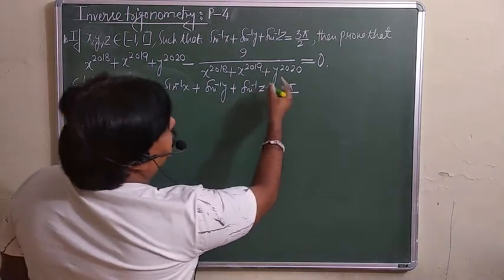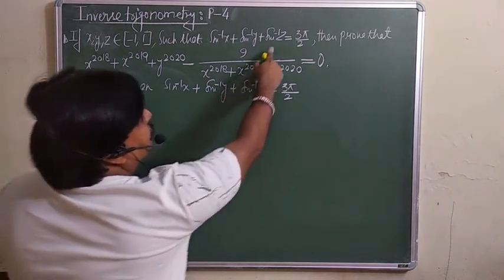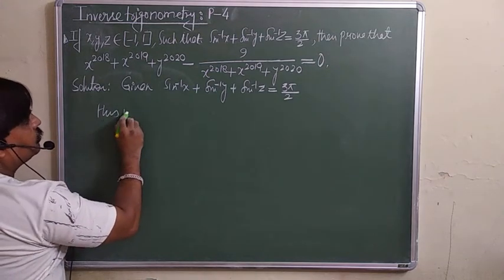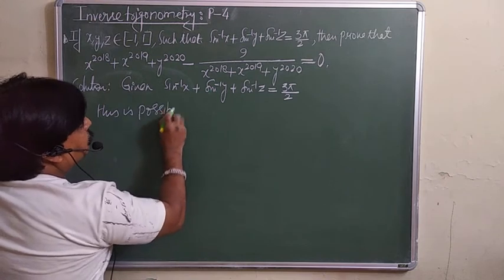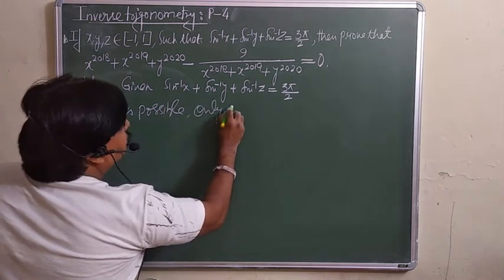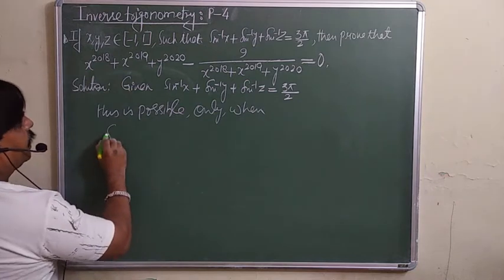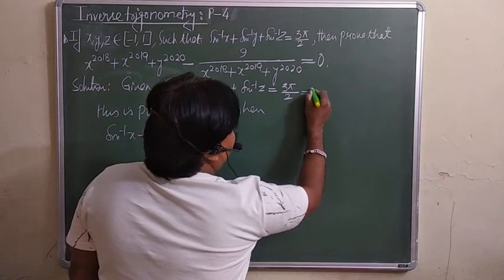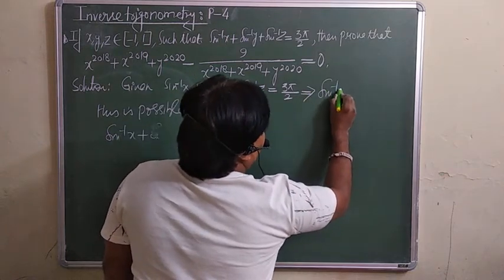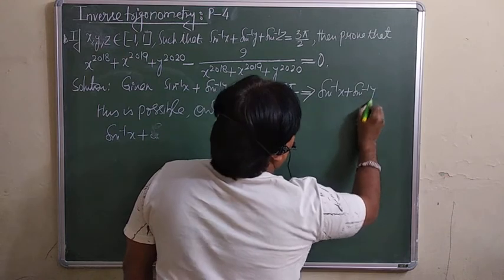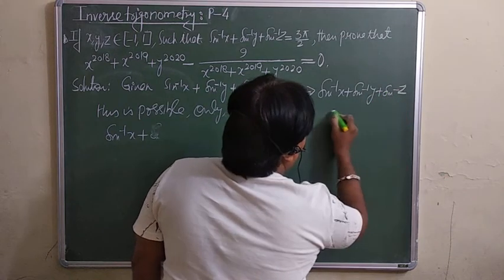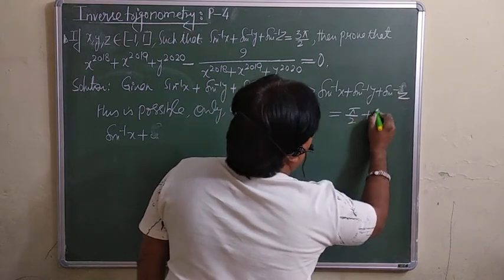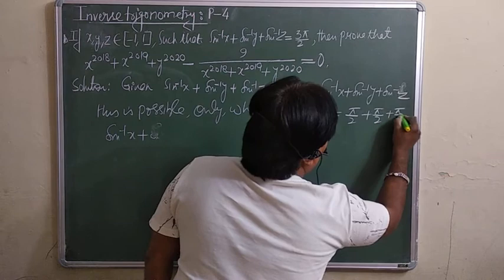This is already given: sin inverse x plus sin inverse y plus sin inverse z is equal to 3 pi by 2. But this is possible only when, you can also write this for your own convenience, sin inverse x plus sin inverse y plus sin inverse z is equal to pi by 2 plus pi by 2 plus pi by 2.